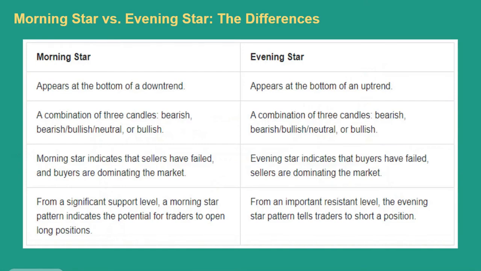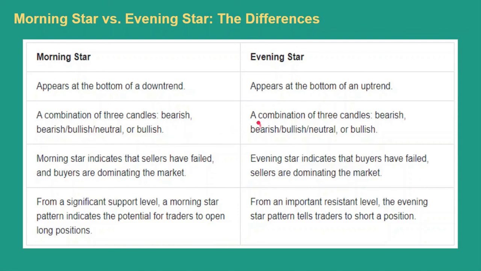So let's summarize what we learned about the morning star and evening star by comparing the differences. The morning star appears at the bottom of a downtrend, while the evening star appears at the end of an uptrend. The morning star is a combination of 3 candles: bearish, the next one either bearish, bullish, or neutral, and the third one is a bullish candle.